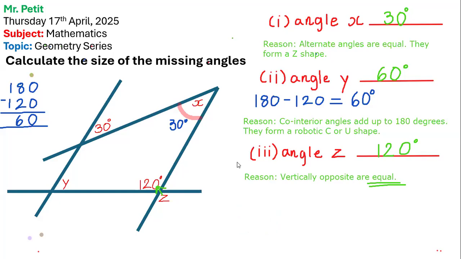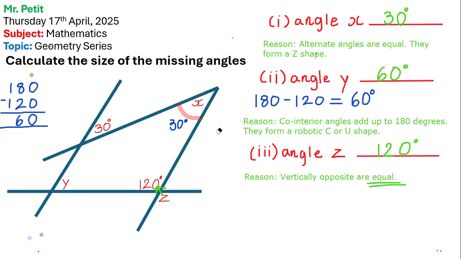Frambergy, do you understand how to do this? Yes, sir. That's good. And Jasmine Rose, do you understand how I got Z? Yes, sir. Why is it 120? It's vertically opposite, which means it's equal. Very good, Jasmine.